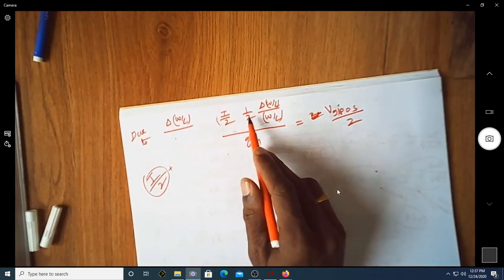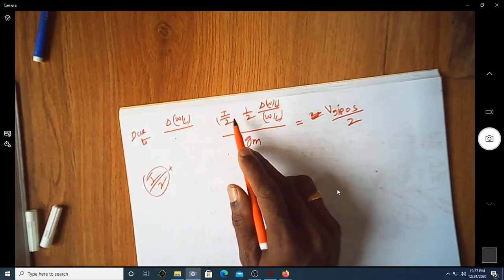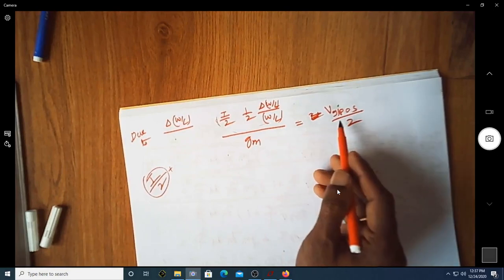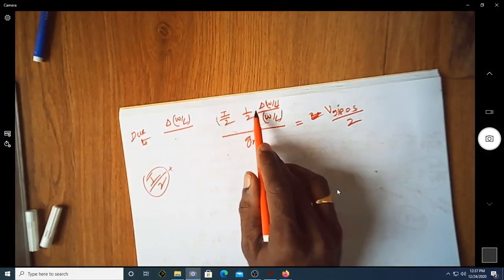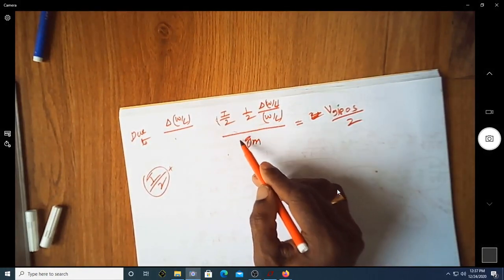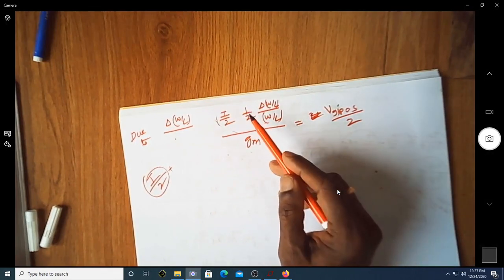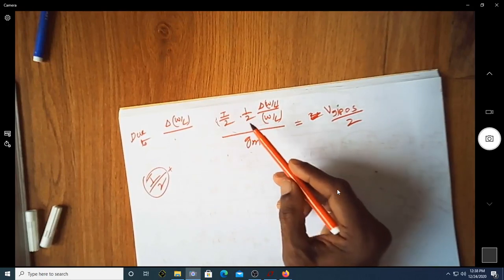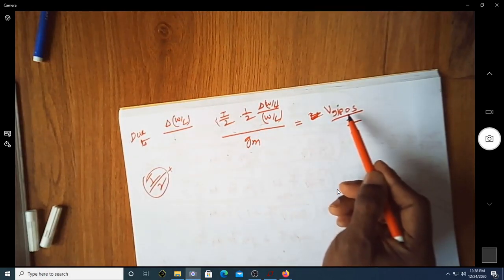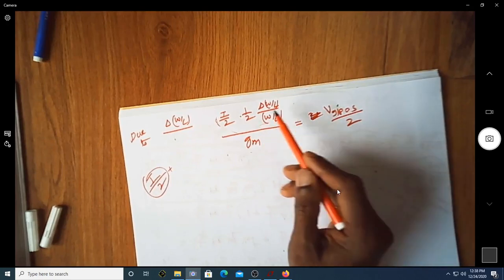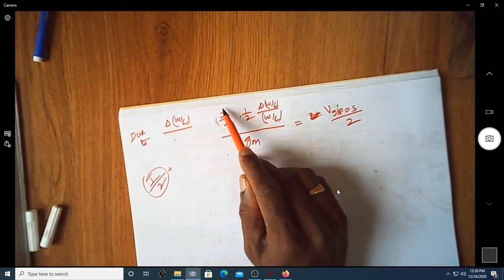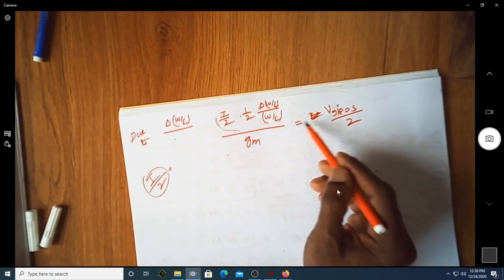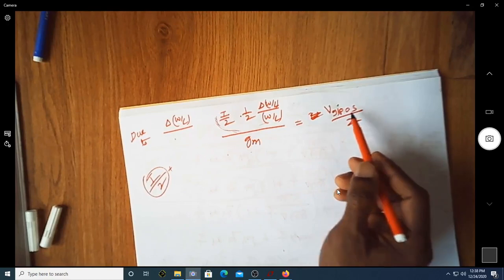If I want to nullify this current, I have to apply some input voltage, and that is given by the change in current divided by Gm. Why we divide by Gm is because if I want to get this much current at the drain, I need to apply some voltage, and that voltage multiplied by Gm happens to be the change in current. Because I know the change in current required and I know the value of Gm, I can predict the input offset voltage.